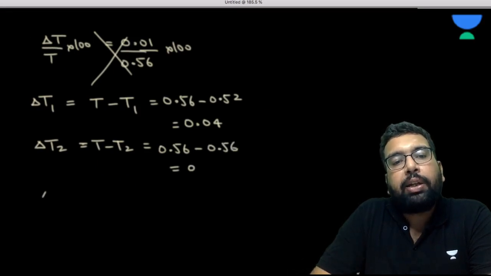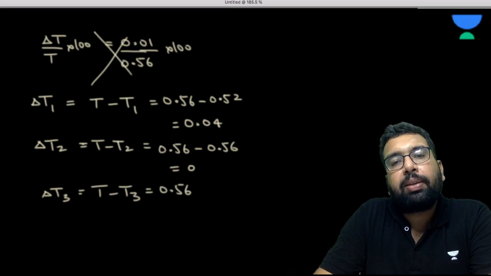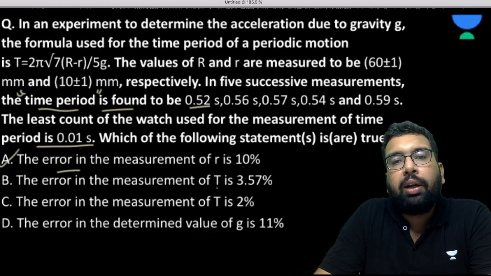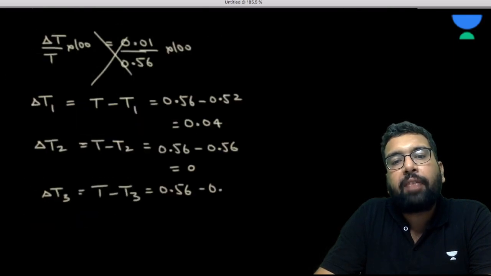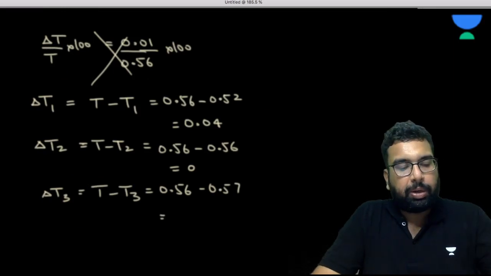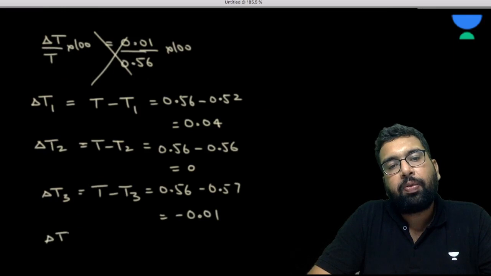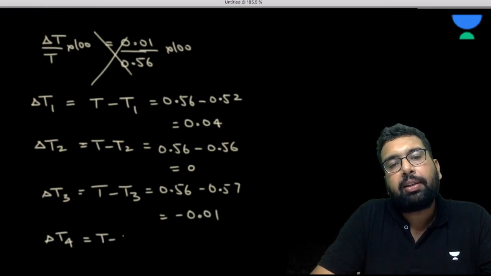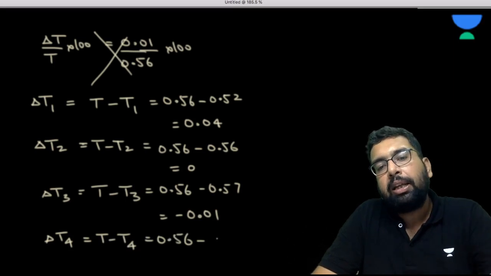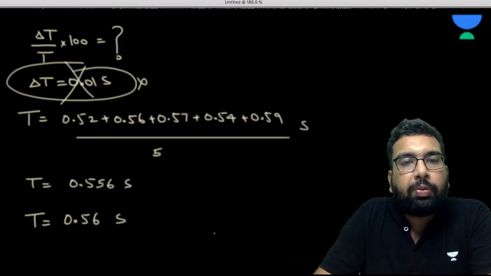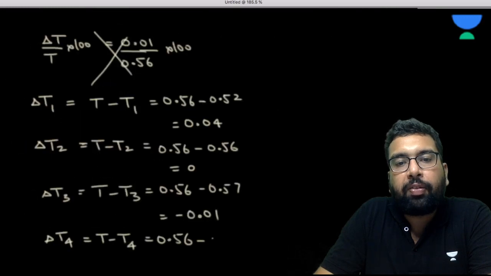Now delta t3 is going to be t minus t3. So it is 0.56 minus t3, and the third measurement is 0.57. So this is going to be equal to minus 0.01. Then delta t4 is going to be t minus t4. So this is 0.56 minus the fourth measurement, which is 0.54.